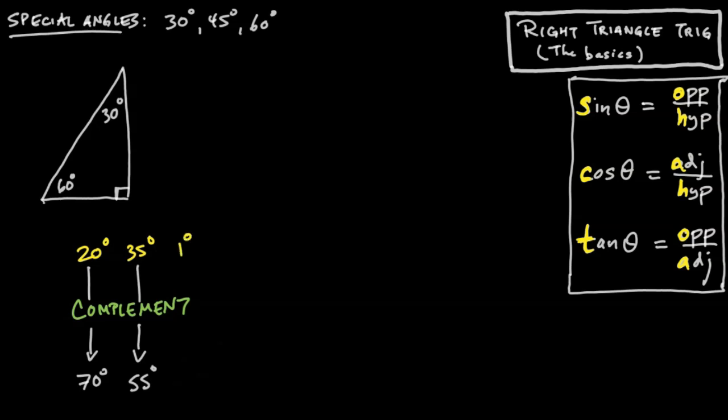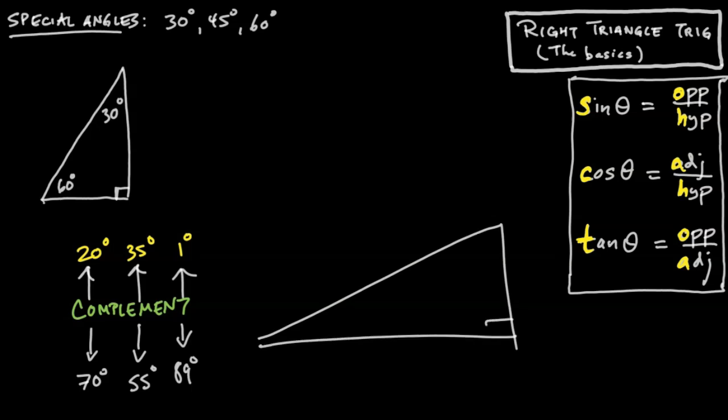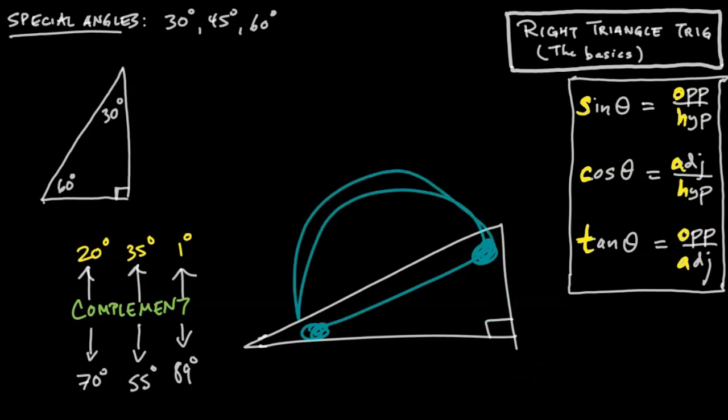A 1-degree angle's complement is, of course, 89 degrees. And these run both ways, of course. The complement of an 89-degree angle is a 1-degree angle. Complements come up all the time in this particular subject because if we are dealing with a right triangle, then we've already used up 90 of the 180 degrees. That means the other two angles, the two acute angles, have to add up to the other 90 degrees.